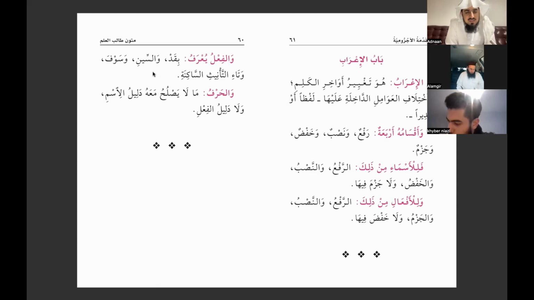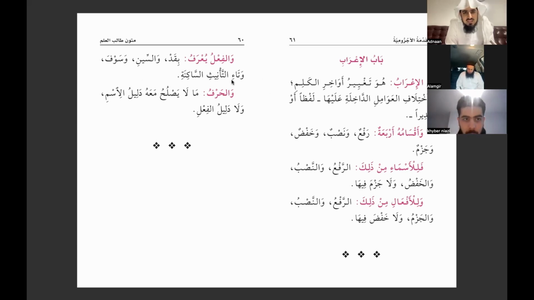Then you got seen. Seen comes before fi'l mudari'. For example, يضرب, as we took in Arabiya بين يديك, سيضرب, سيذهب, etc. Something in the near future. سوف also means in the future, but it's a little bit more than seen. So the minute you see سوف, you know what comes after it is a fi'l مضارع. So سوف يذهب, soon he will go. وتاء التأنيث الساكنة.